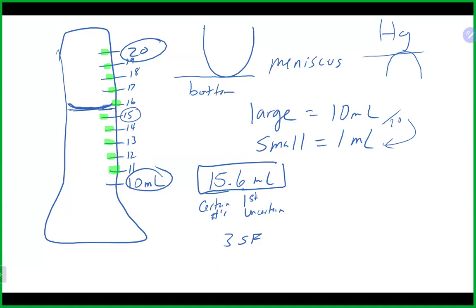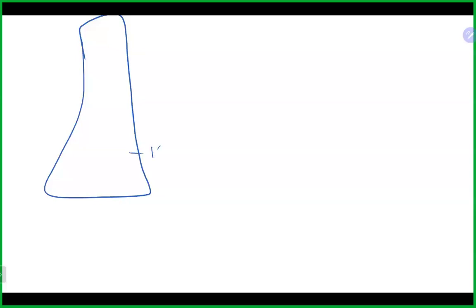Now, it does depend. So, for example, here, if we have a graduated cylinder, no quality control at that factory, apparently 10 milliliters here. 20 milliliters, and we'll go like right there-ish.